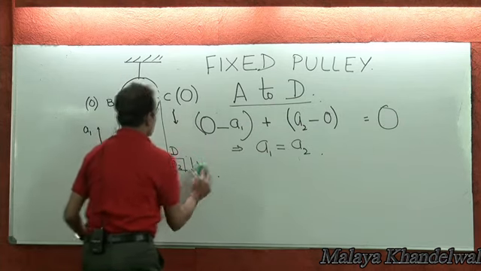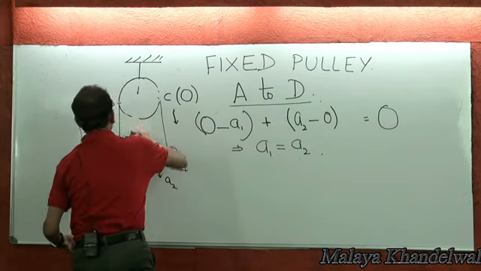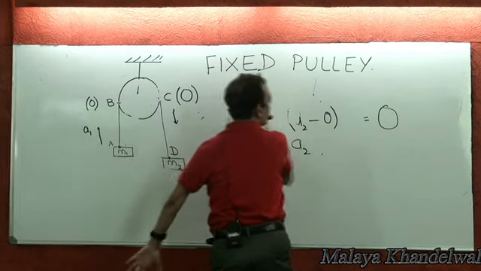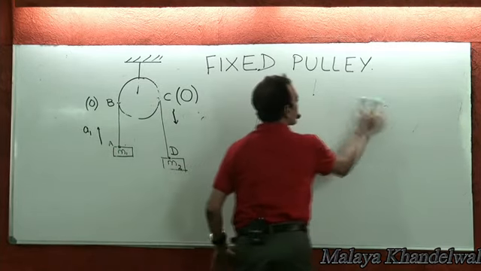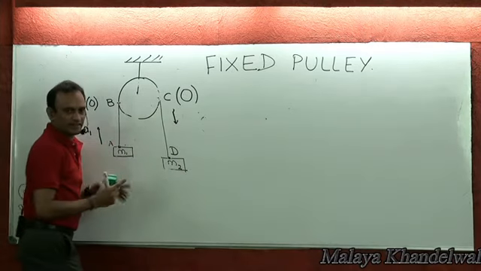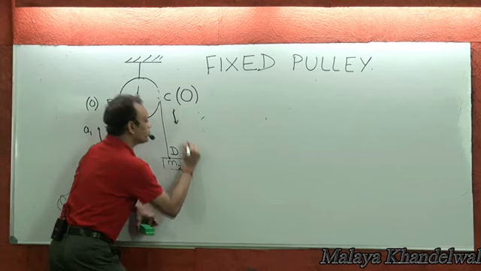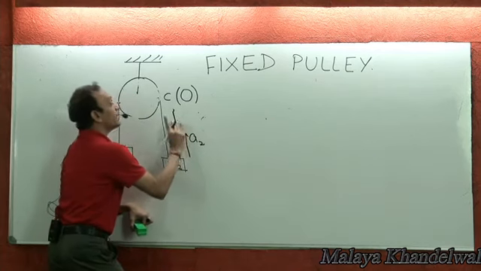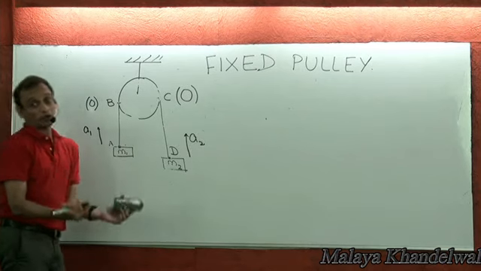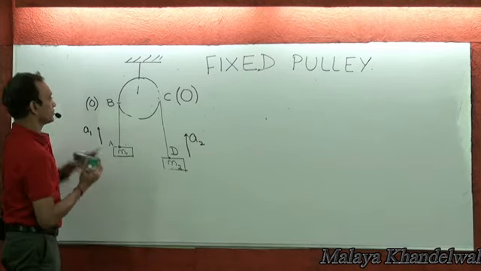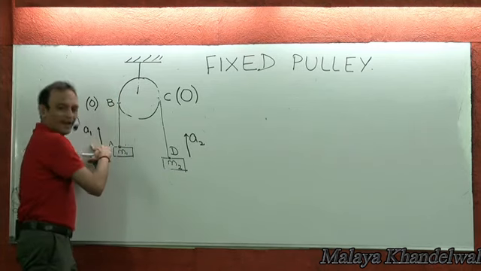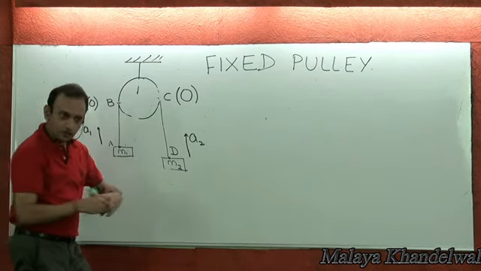Now, just to get a little general with things, say I took this acceleration of m1 as a1 upwards, acceleration of m2 as a2 upwards. Let me see what I get out of string constraints. So I go from A to B, 0 minus a1, right?